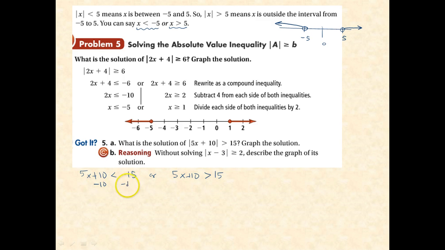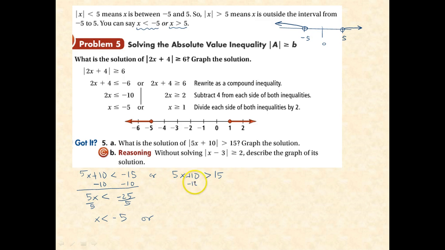Subtract 10 from both sides. We get 5x is less than negative 25. Divide by 5. And we get x is less than negative 5.